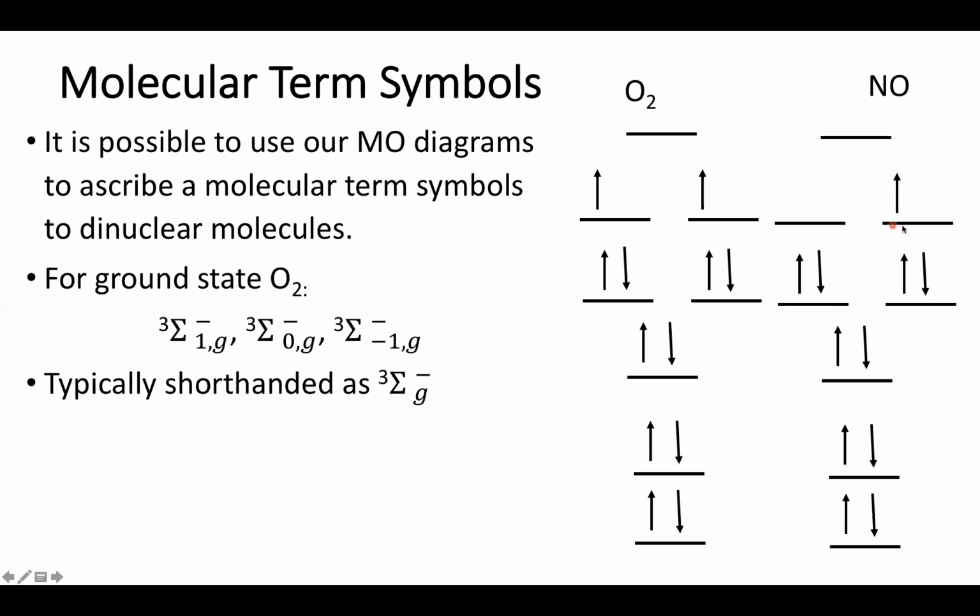I also have a doublet spin, and the system is going to be ungerade, as this is an ungerade orbital, and I have a single electron. Now, it is worth noting that we have no planar symmetry because we only have a single electron. So it's going to be +½ and -½ simultaneously. As a result, we're going to tend to ignore it.